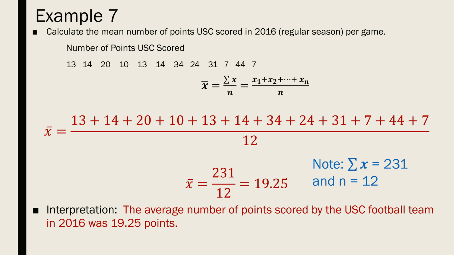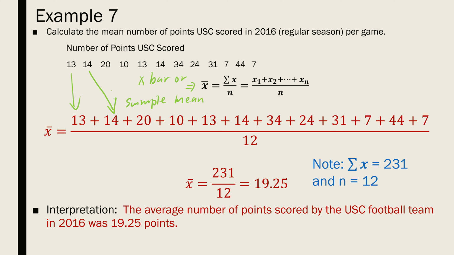This is an example of how to calculate the sample mean, by another name, X bar. First, we want to add all numbers from the dataset, or sigma x. 13 from here, 14 from here, and so on and so forth.